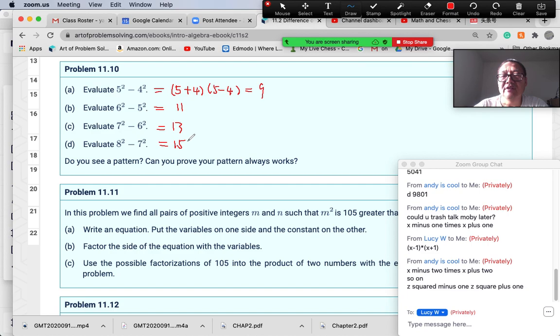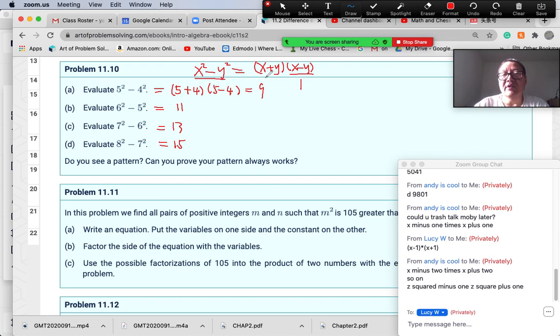Okay? The reason is because we know the factorization formula: x squared minus y squared equals (x plus y) times (x minus y). If these two numbers differ by 1, then that term will be 1.